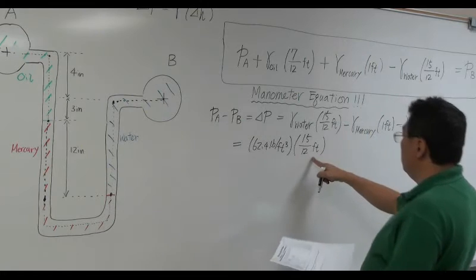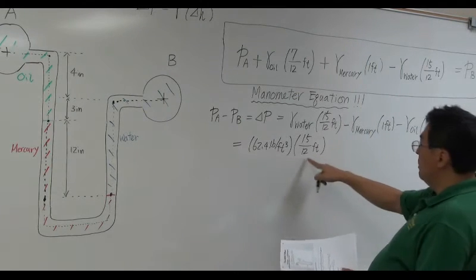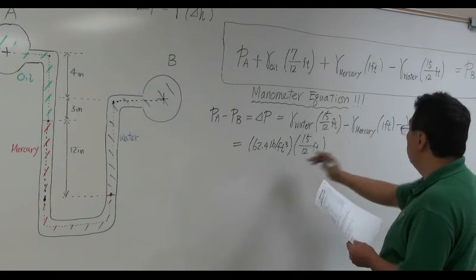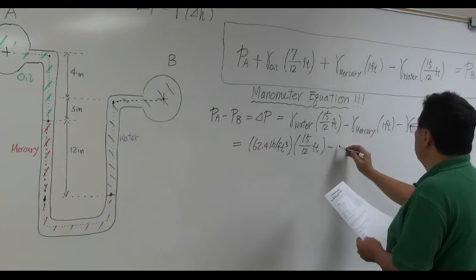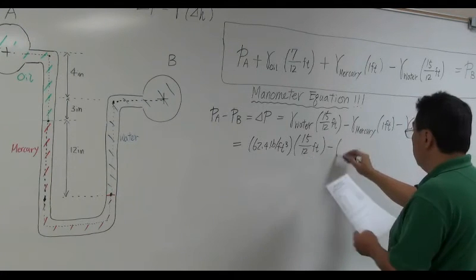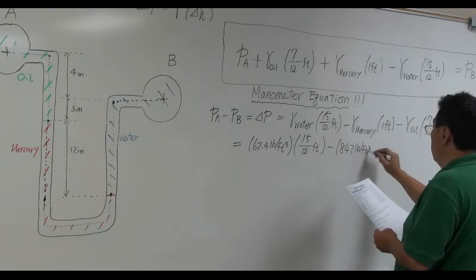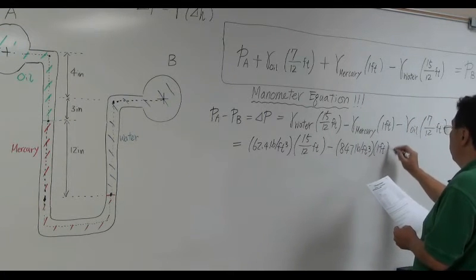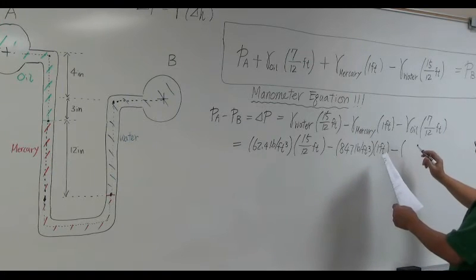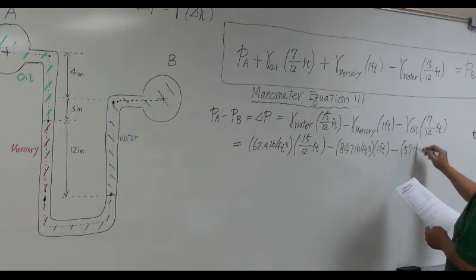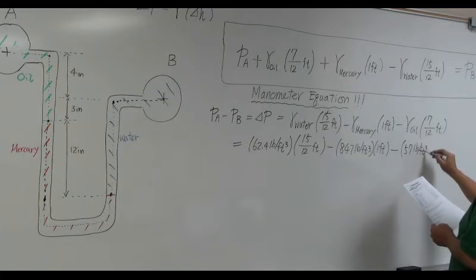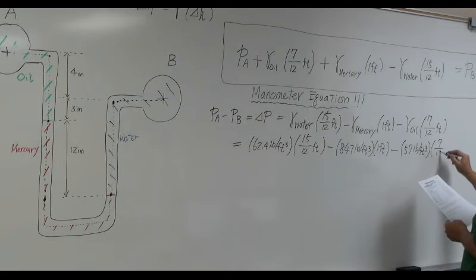The reason why I want to use foot is because it's a standard unit. Minus mercury is 847 pounds per cubic foot times 1 foot. Minus oil, 57 pounds per cubic foot, multiplied by 7 over 12 foot.